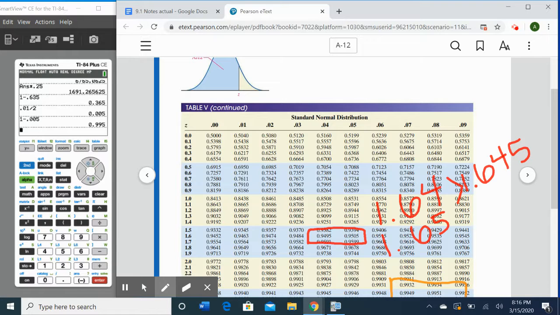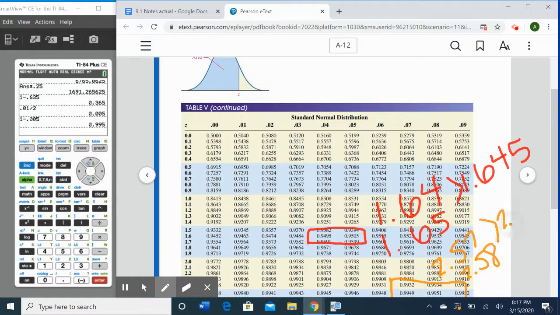I need to know the z-score that corresponds to 0.995. So it's halfway between, what is that, 2.57 and 2.58. Yeah, 2.57 and 2.58.